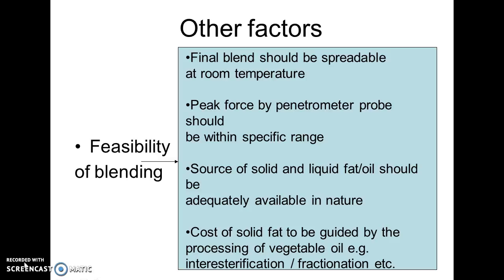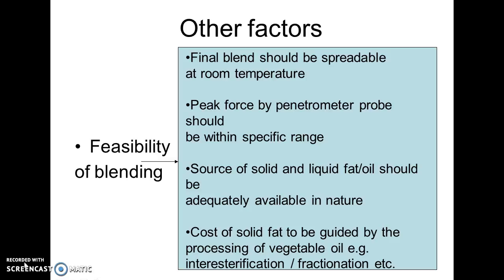That means when the vegetable oil is processed like interesterified or fractionated to make the solid vegetable fat, the more and more processing the vegetable oil will undergo, its cost will also become very high.